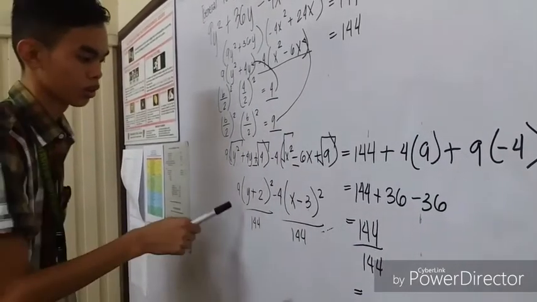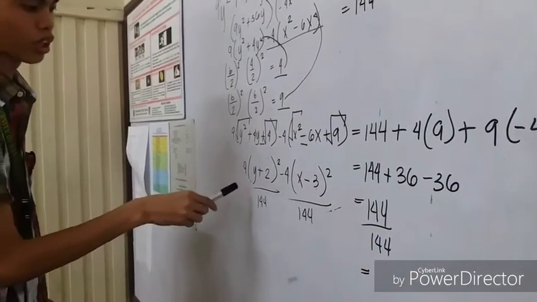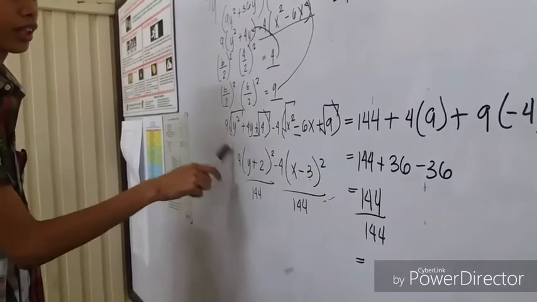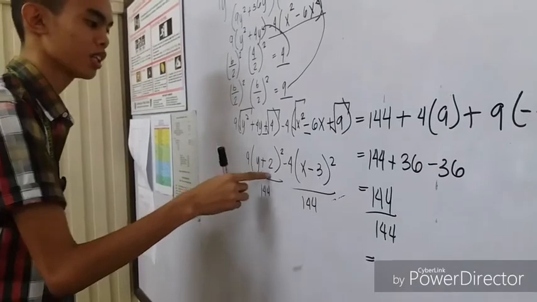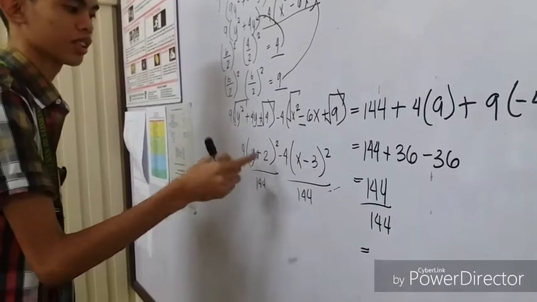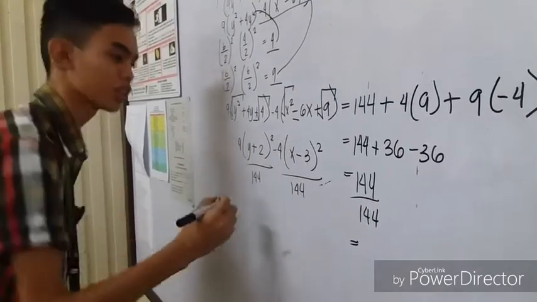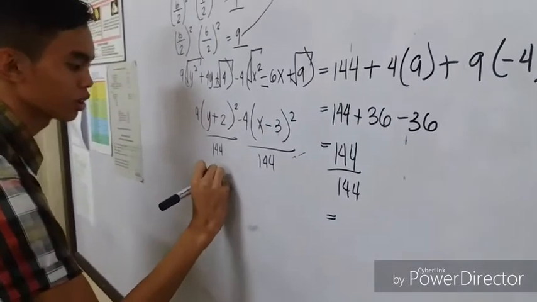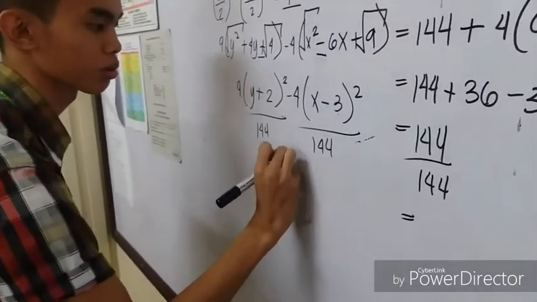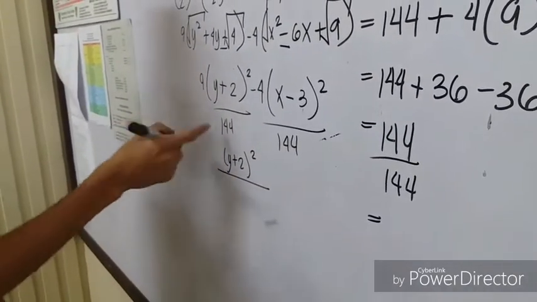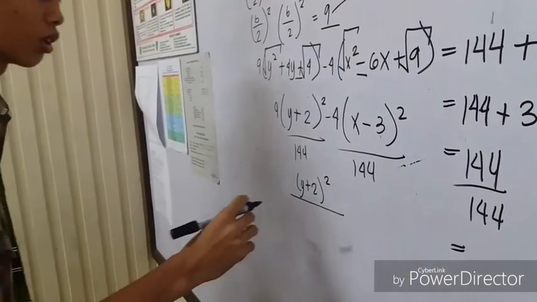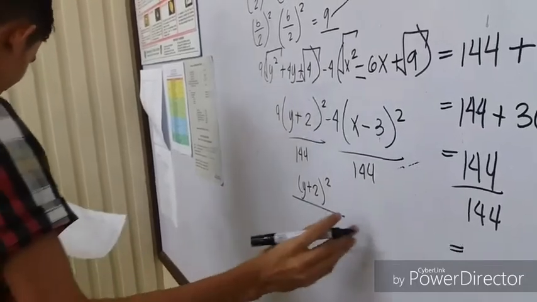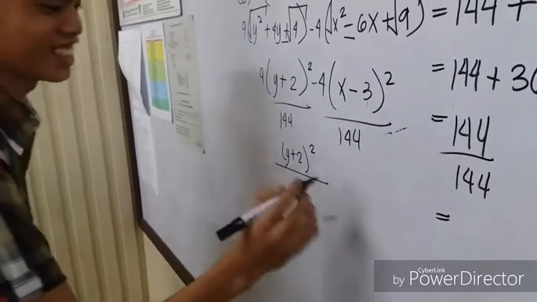So 144 divided by 9 is equal to, we will copy the values inside the parentheses as our numerator. So our numerator is y plus 2 squared over, again 144 divided by 9 is equal to 16.